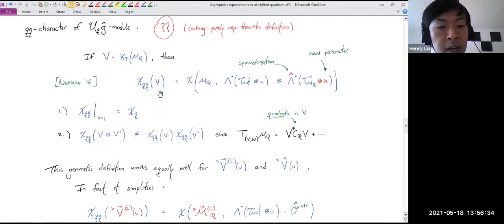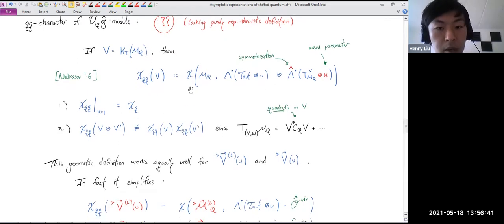So I've said what the QQ character for the K theory of the Nakajima quiver variety ought to be, but this kind of definition works equally well for the moduli of flags that we want to think about, because they're realized in exactly the same way as these modules V, right?